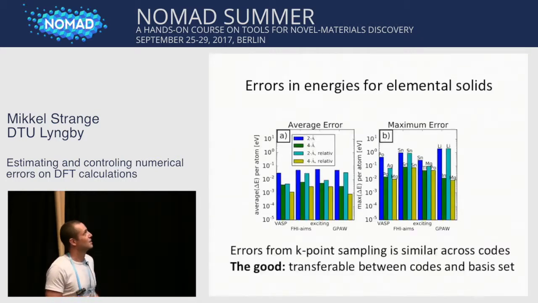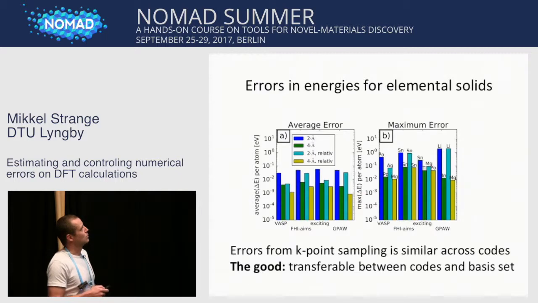All right, so this is the last slide of just looking at the errors. Here it is looking at the K-point sampling. I don't want you to look at all the details, but you can pick a favorite color here. So, for example, that would be blue. If you look at all the blue bars, they have the same height.